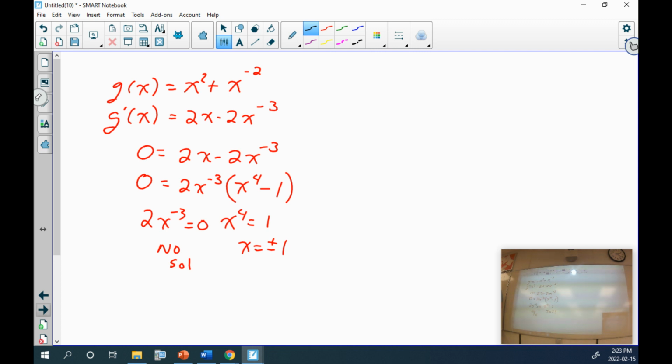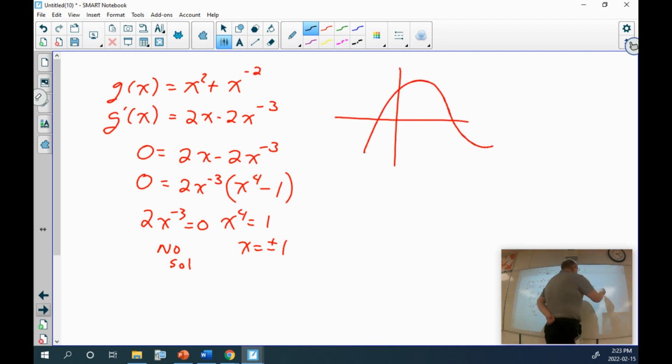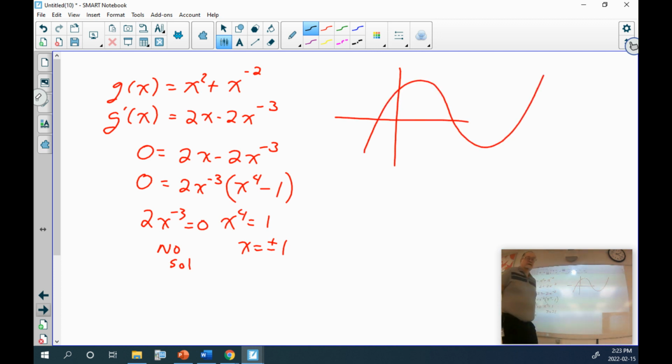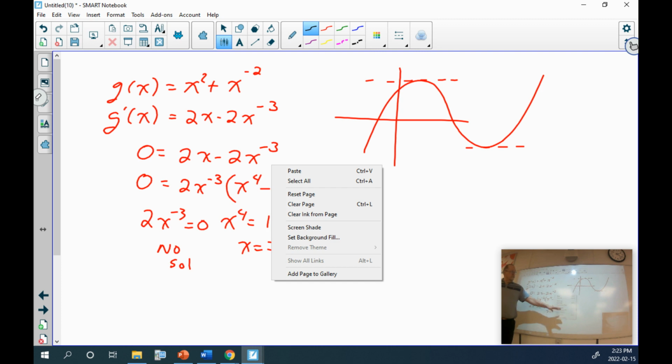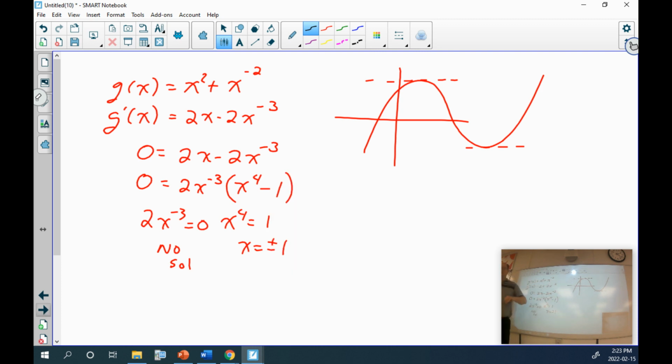On a graph like this, where are the slopes of the original graph equal to 0? Maximums and minimums. So in this case, we had either a maximum or a minimum at plus or minus 1, because that's where our slope is equal to 0.